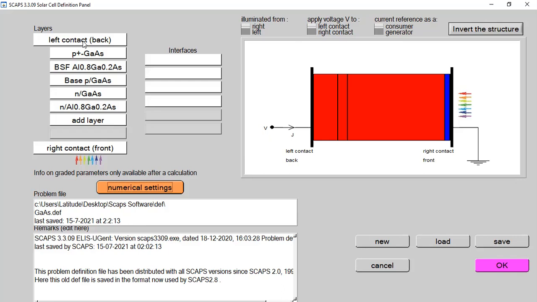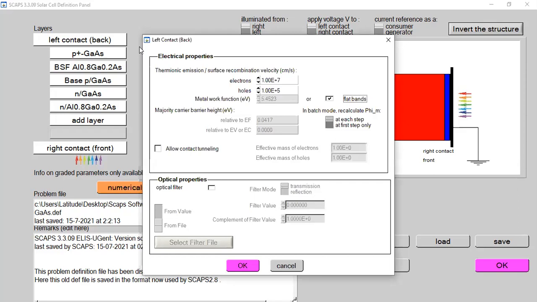Now I would like to add some interesting information about the back metal contact. There are two basic materials that can be used for the work energy function as a back metal contact in SCAPS 1D. The first is Au and the second is Pt.